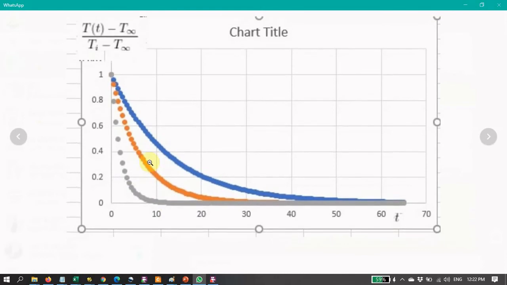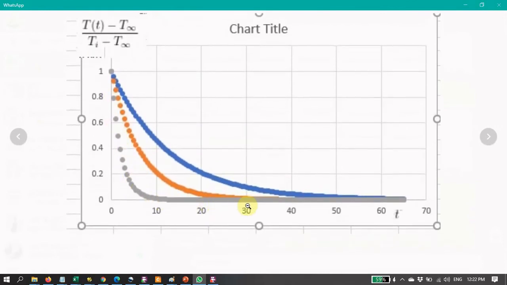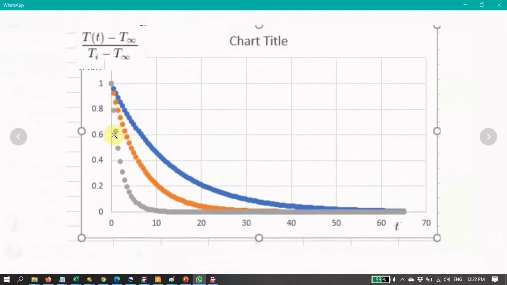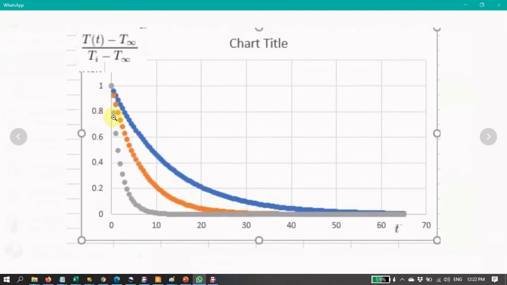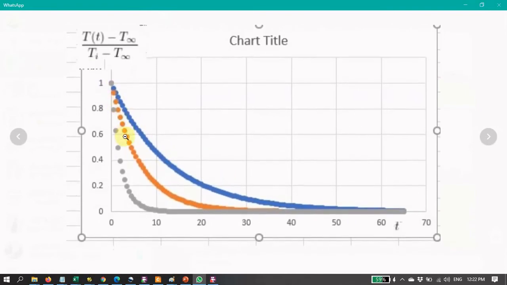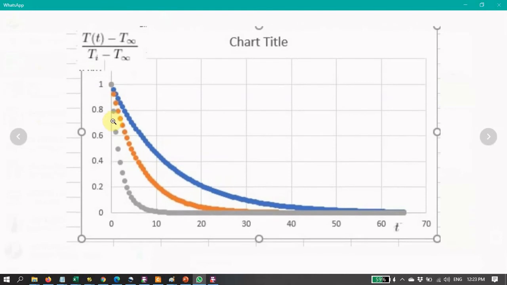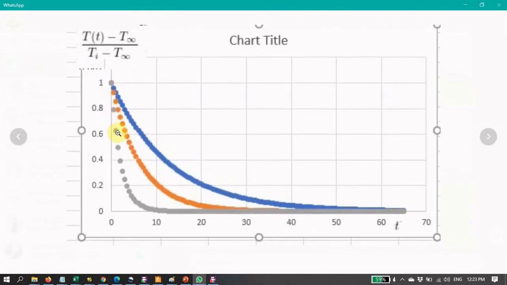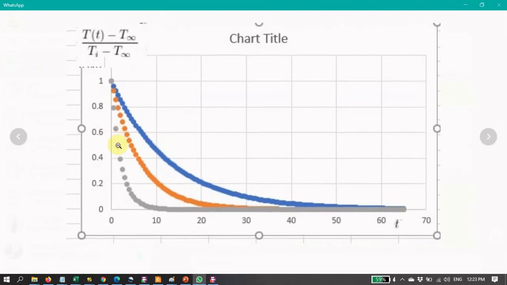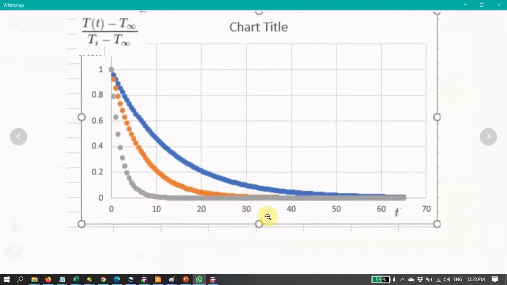So you can see the response with the characteristic length based on the ratio of the volume to the wetted area gives a fast response compared to the diameter. Because of this, the rate of temperature change with time is much higher. So we expect that the thermocouple will reach the final temperature, the fluid temperature, quicker compared to those based on other characteristic lengths.